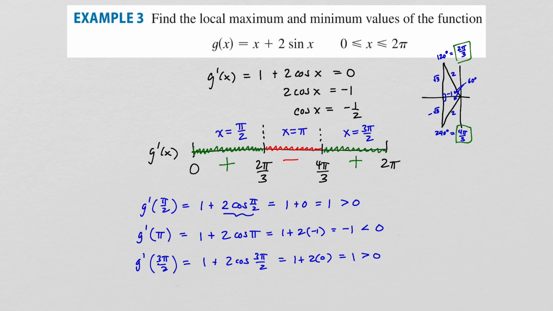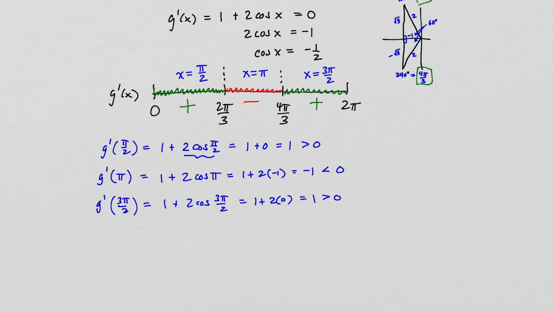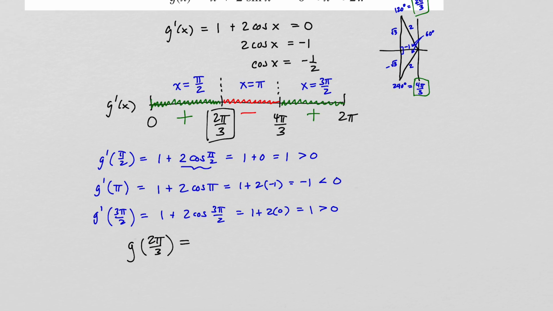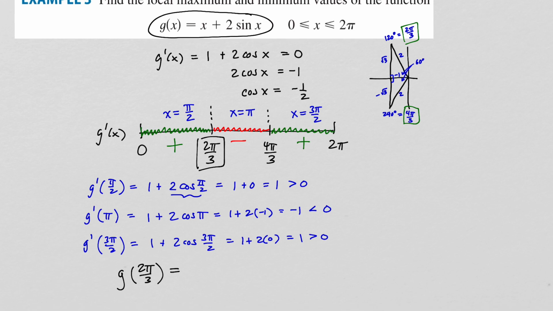They're only asking us for the local maximum and minimum values. So we just need to apply the first derivative test that says if a function is increasing and then decreasing, we should have a local maximum here. So g of 2 pi over 3 is going to be our local maximum. All we have to do now is plug it into the original function, which is this function here.